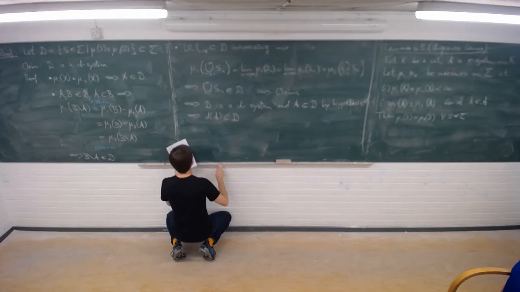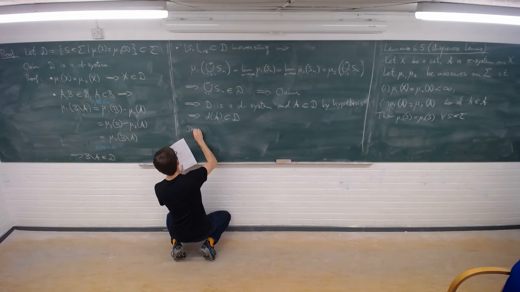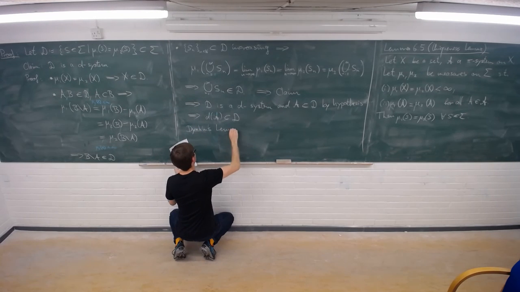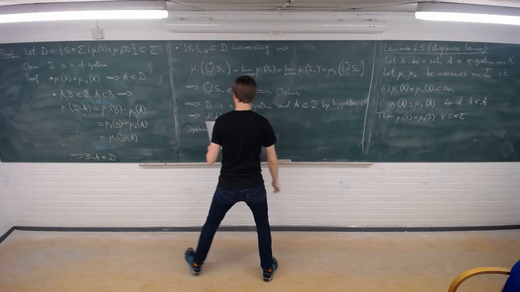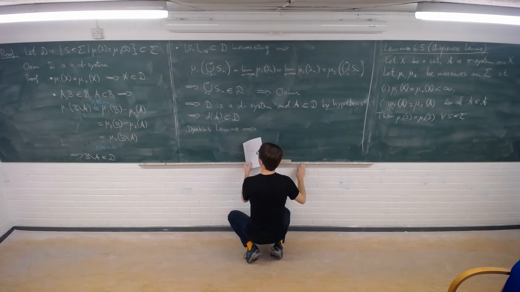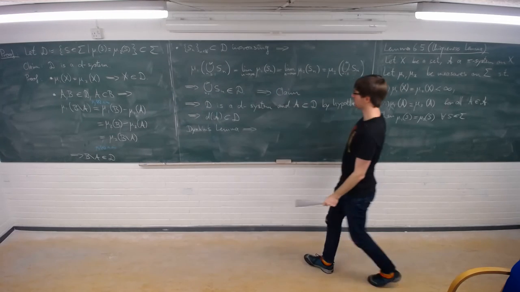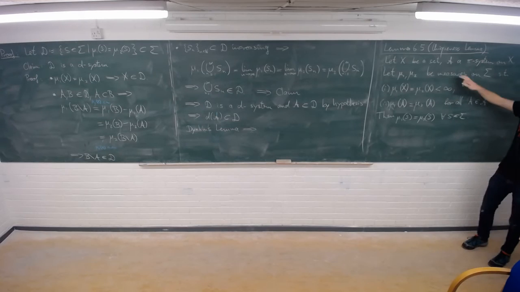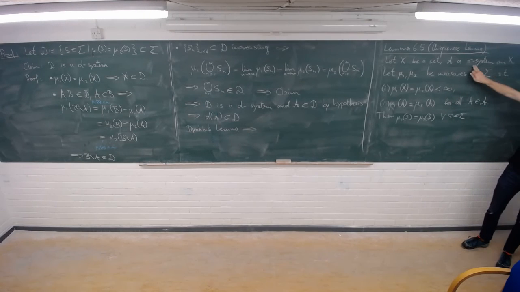And now we use Dynkin's lemma. We can apply Dynkin's lemma because A was assumed to be a pi system, right?